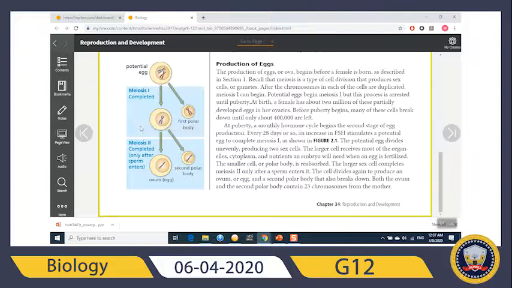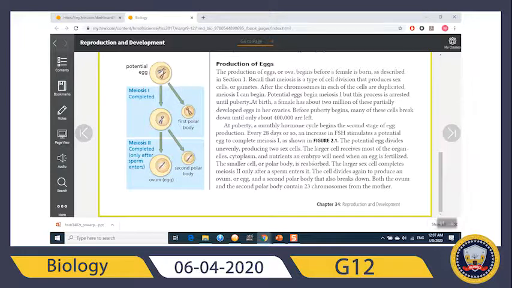The larger cell will receive most of the nutrients and the organelles, and most likely this cell will be fertilized. The second, smaller cell we call the polar body. The polar body will later break down and be reabsorbed.